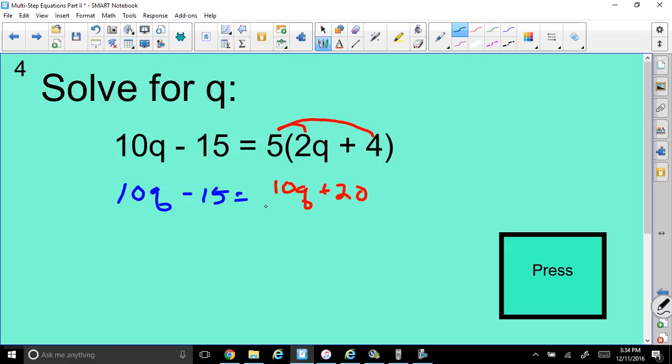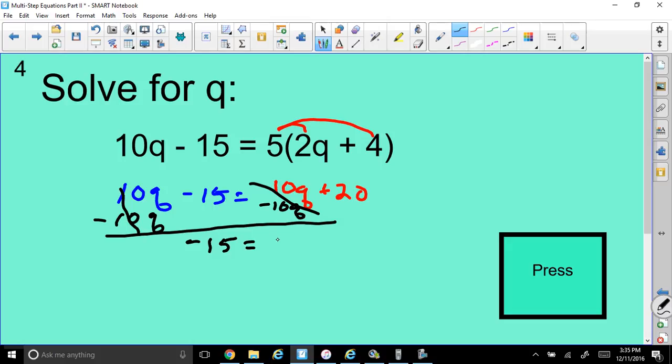So let me bring the 10Q over here. I'll bring the 15 over, but if I'm trying to solve for Q, I want to get all my letters to one side. This will cancel out the Q, and this is going to cancel out the Q, leaving me with negative 15 equals positive 20. Well, that's not going to work out. So that's not the same.